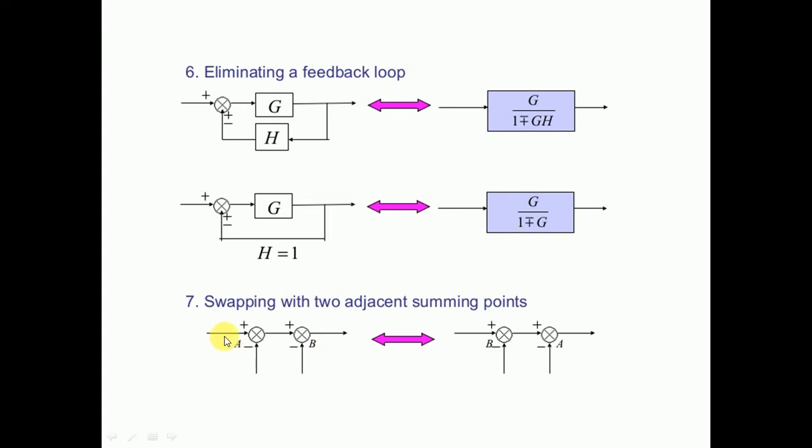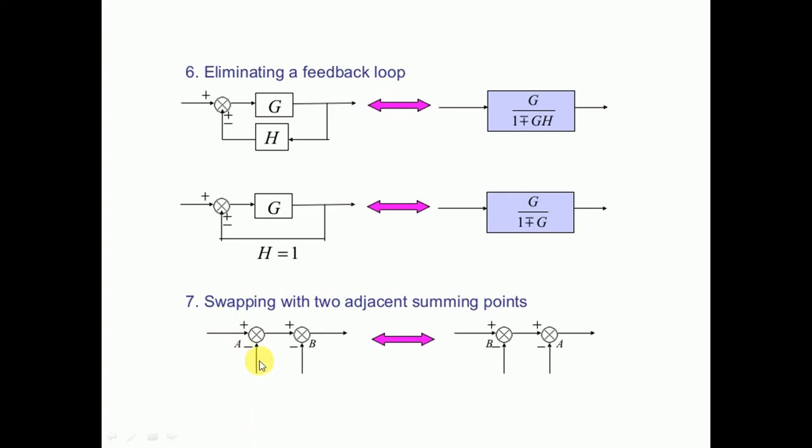So this is not useful in all cases. In rare cases we will use this, but this is called splitting of summing points, or not exactly splitting. If you have 3 inputs, then it is called splitting. This is called swapping, since addition will not follow any order. For example, a plus b plus c is equal to a plus c plus b, so both answers will be the same.